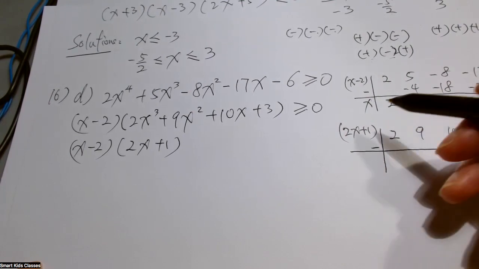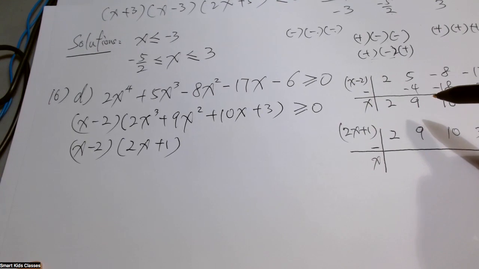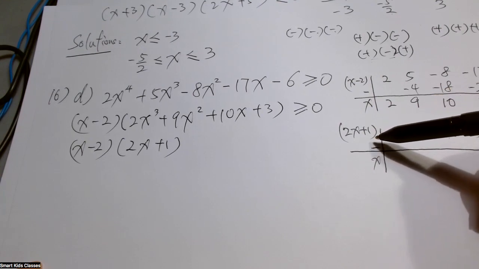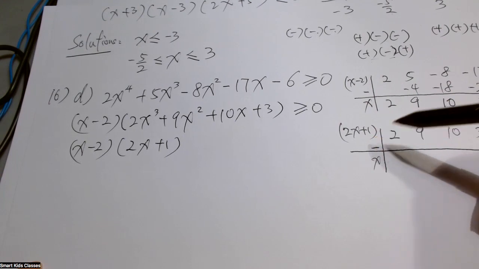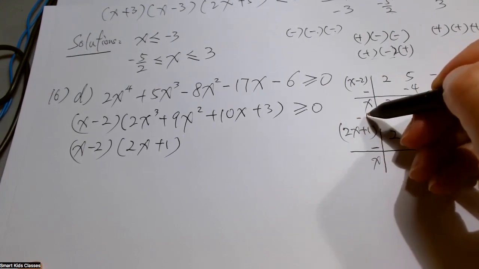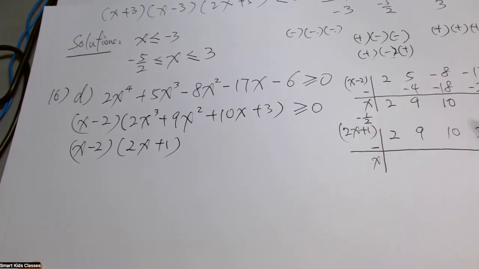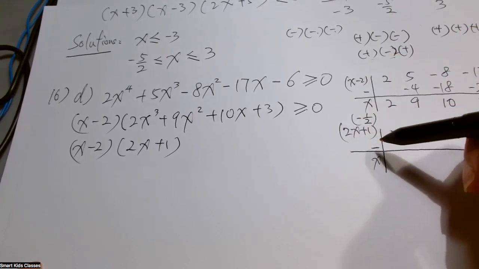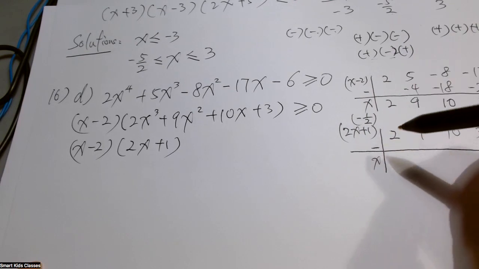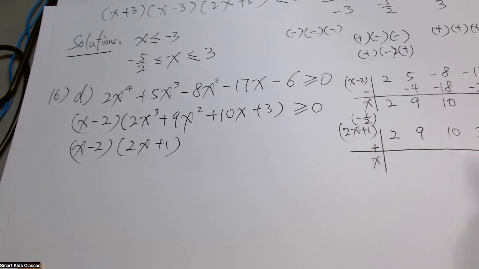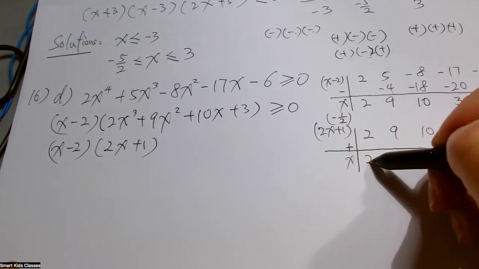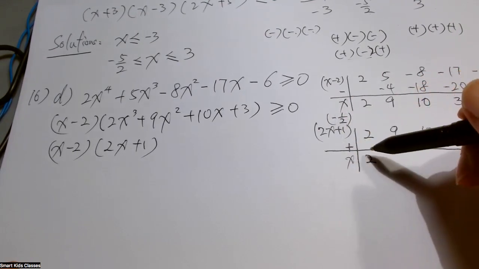We're going to solve it, the x-intercept will be negative 1 over 2. So if we use negative 1 over 2 to do synthetic division, we're going to add. We're going to have 2 times negative 1 over 2.